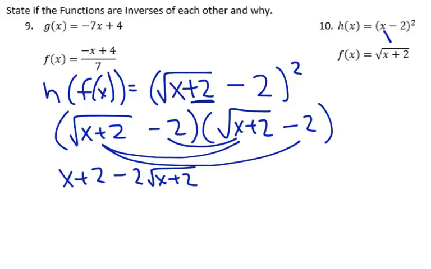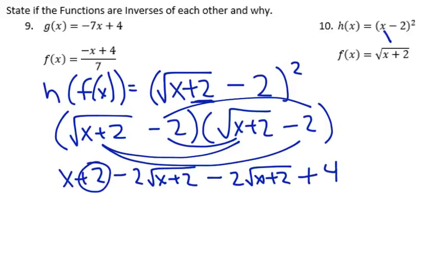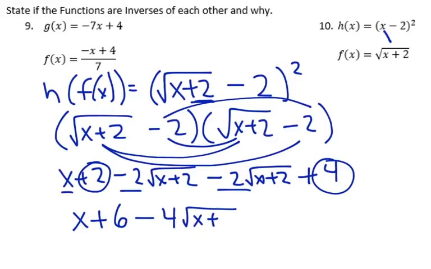We're just foiling here, multiply that, minus 2 square roots of x plus 2. And multiply those, negative 2 and negative 2, positive 4. Then simplify. 4 and 2, I know I said it backwards, give us 6. X stays the same, so we got x plus 6 minus, negative 2 and negative 2 make it negative 4, square roots of x plus 2.